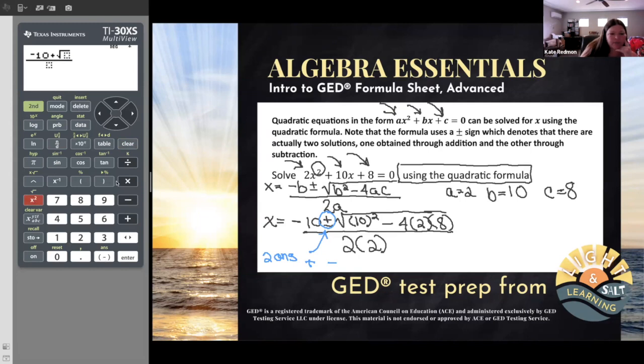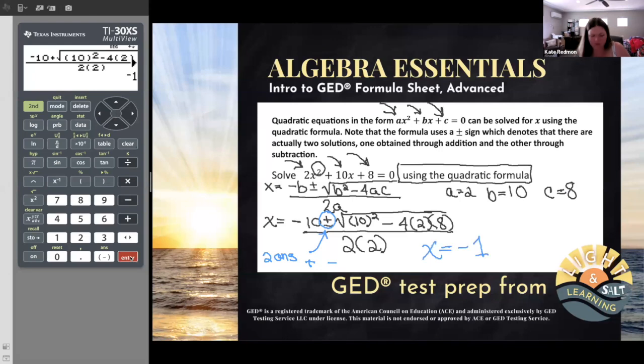And going to open up my parentheses, 10, close parentheses, and square that 10 with the x squared button, minus, make sure you use a minus here, not a negative, 4 times 2 times 8, close parentheses, arrow down to the bottom, and that's over 2a, which in our case was 2. And I get that the first answer there is -1.